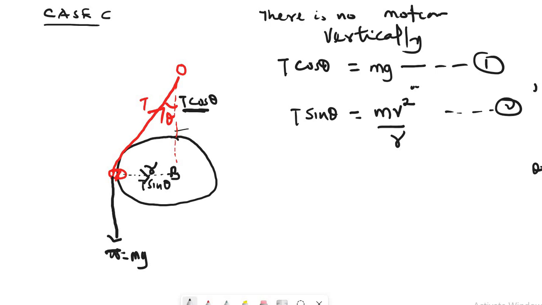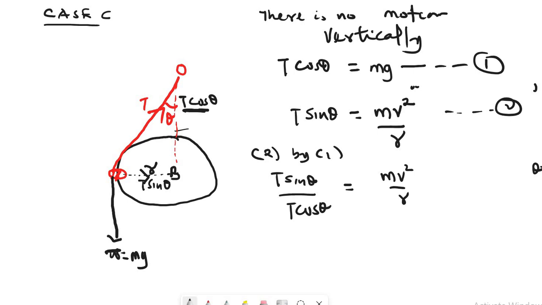So let's divide equation 2 by equation 1. Equation 2 is T sine theta, equation 1 is T cos theta. Equation 2 is mv squared over r, divided by mg.